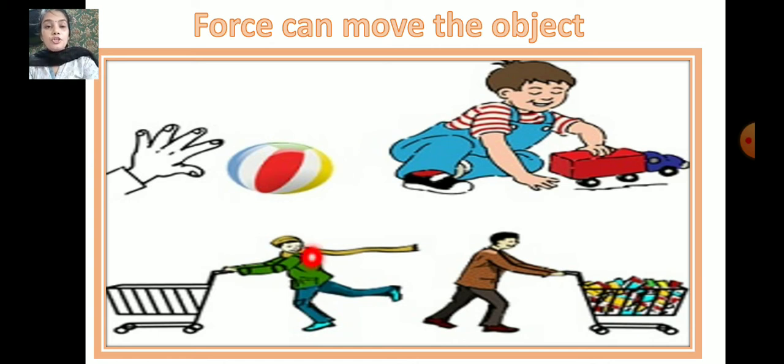And moving the trolley, look here. When it is empty, you will apply little force. When it is very heavy, you will apply more force. So you apply the force accordingly, depending upon the object. That is why force can move the object.